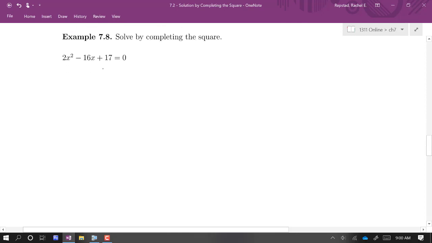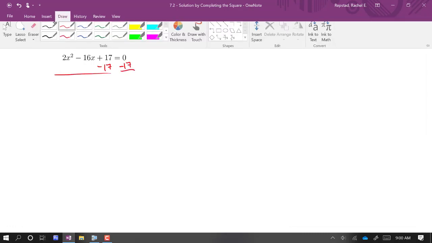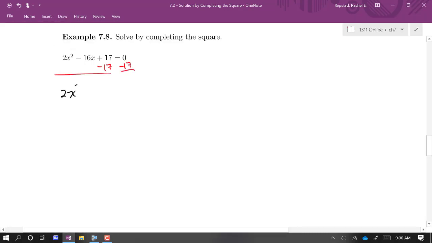So first of all, I need to get that constant by itself on the other side of the equation. So we will subtract 17. We get 2x squared minus 16x equals negative 17. And then we have a 2x squared. We need to complete the square on 1x squared, right? We want that coefficient on x squared to be positive 1.